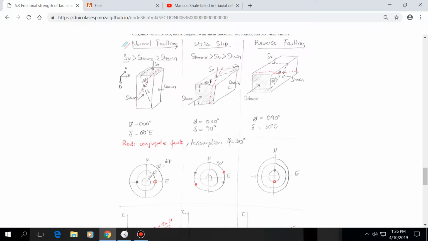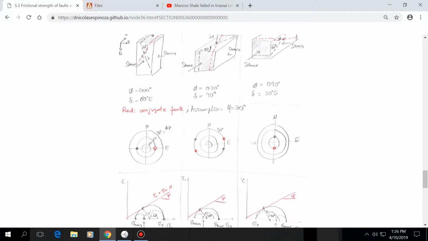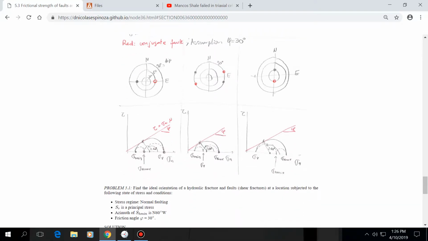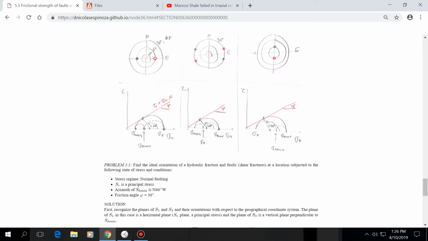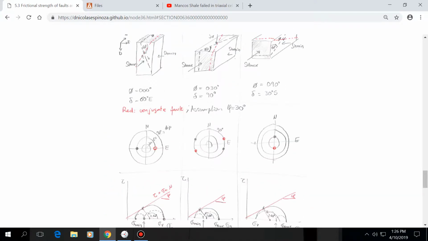In that old figure, the stereonet did not correspond to what you see here, but corresponded to something else. So be careful with that. But this is the correct one, and on the website you have the correct one right now.